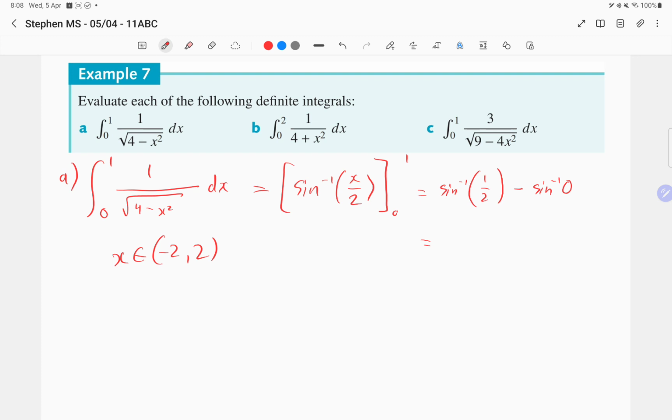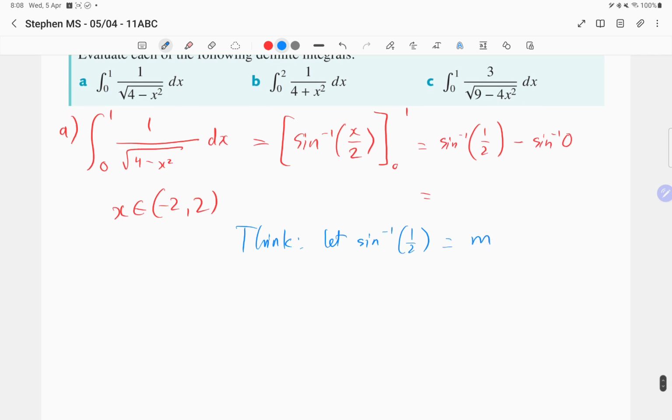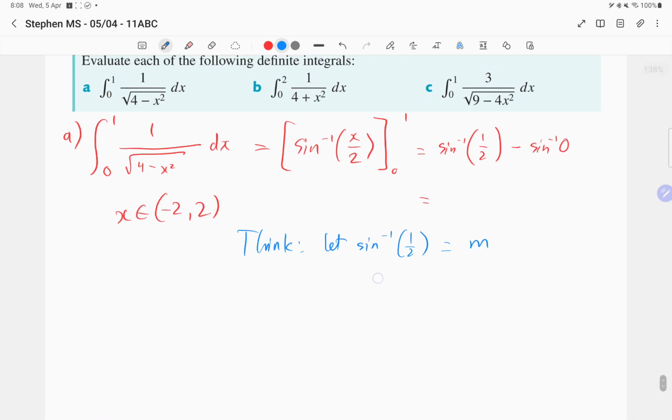Let's say inverse sine of 1 on 2 equals some value m. What's the opposite of that? Sine m equals 1/2. Make sense? That's what inverse sine is.